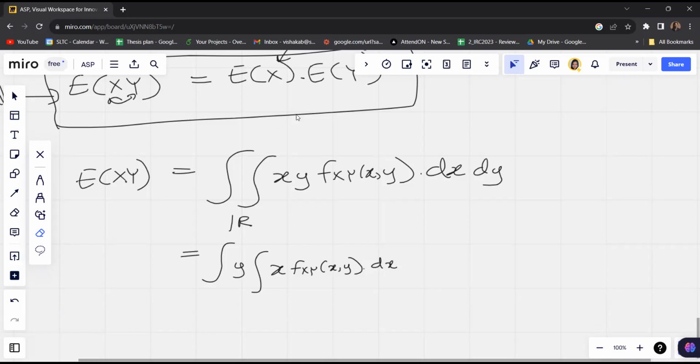So f(x,y), whatever the function, the joint distribution is related to both x and y coordinates, so x and y variables.